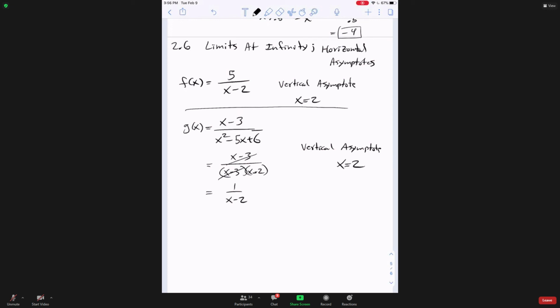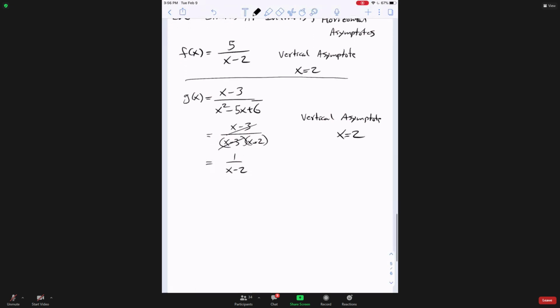Now we'll deal with horizontal asymptotes in this section as well. But first, let me go over the calculus definition of what makes something a horizontal asymptote and what makes something a vertical asymptote, involving limits. So here we go. First, let's talk about horizontal asymptotes. Let me write a little bit better.